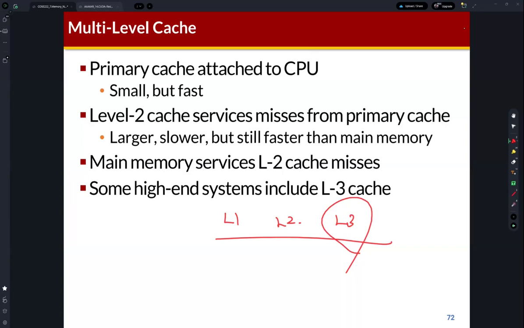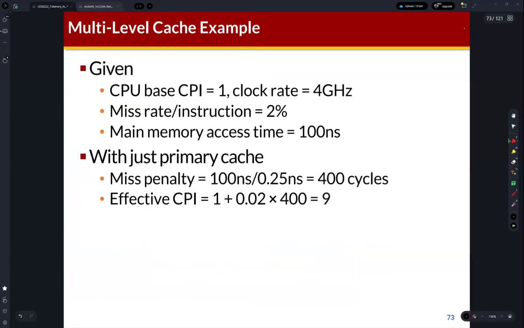Let's see the benefit of a multi-level cache. This is the assumption. The baseline CPI is 1, the clock rate is 4 gigahertz, and the miss rate per instruction is 2%. Let us assume that the main memory access time is 100 nanoseconds. Then how can we calculate the CPI with this memory system?